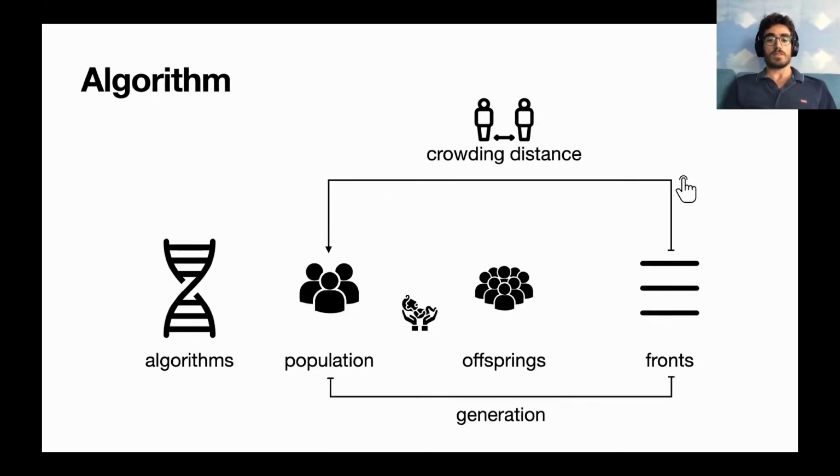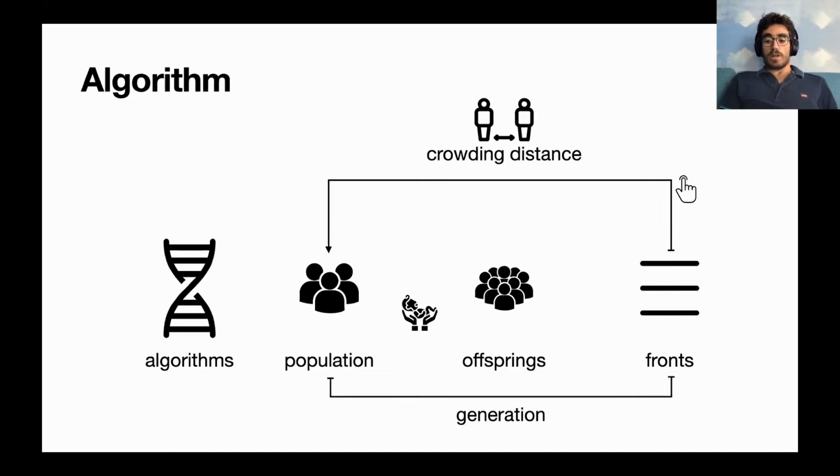So this is a sketch of the main loop of the genetic algorithm. It starts with an initial population. This population is evolved into offsprings, and these offsprings are ranked into fronts. Normally, algorithms use the so-called crowding distance to rank individuals in each front.